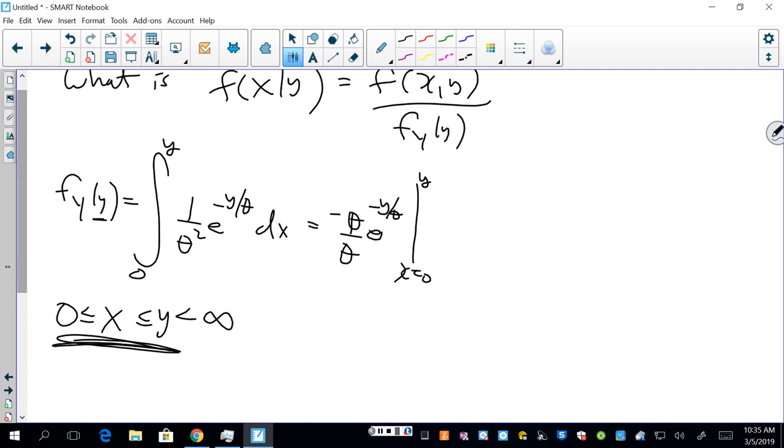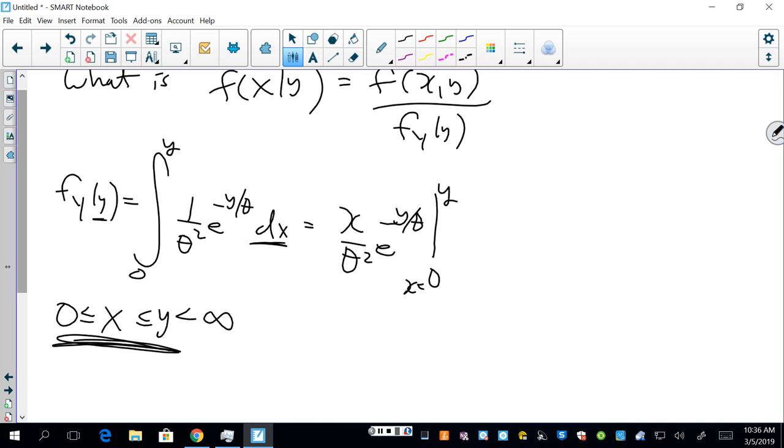But I'm integrating with respect to x, so I don't need to do anything fancy at all. There's no x in the integrand, it's just like a constant, like a number. Even though y is written there, it's just a constant. So we just integrate that, and x goes from 0 up to y.